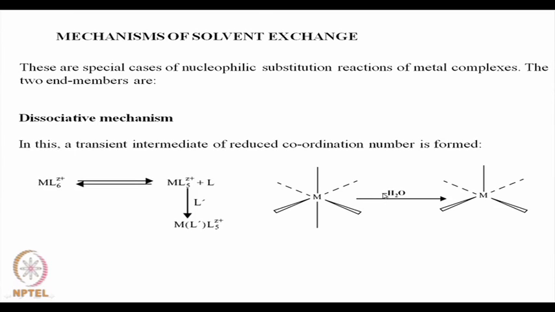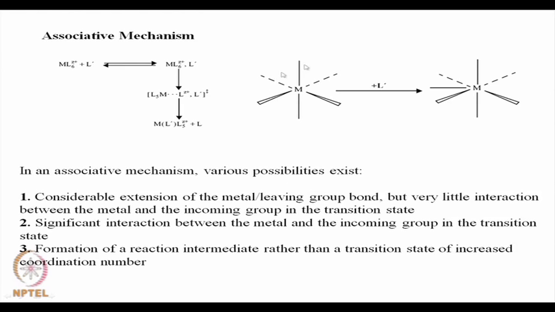So, you generate a single species to a double species, this plus water, or maybe this plus ligand. In this case it is this plus ligand to a single species. So, 2 species forming a single species during the activation process.